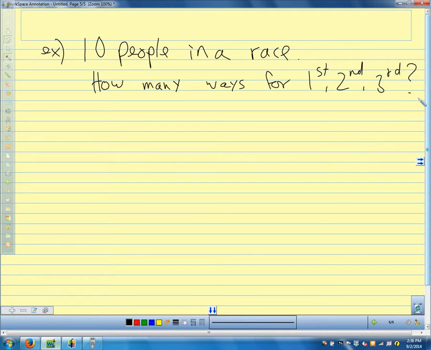All right, does the order matter here? Yes, that was the example I just gave, that order matters. How many things are we taking out of these 10 people? 3. We're arranging 3 things out of the 10. So this is a permutation, because order matters. Different people in first, second, or third place makes it a different way of finishing.